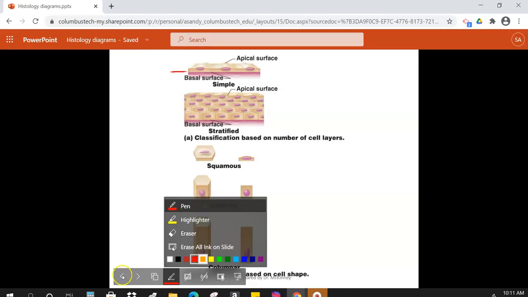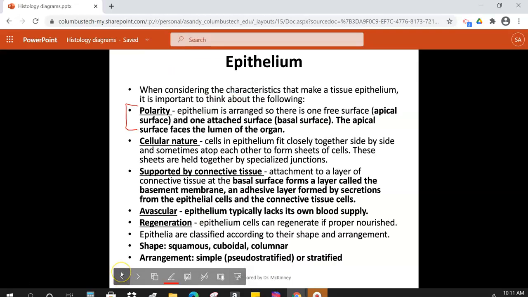Like with the stomach, it has a lining of epithelial tissue, and the apical surface is going to face the lumen, or the center, the hollow part of the organ, whereas the basal surface will be attached to an underlying membrane. We also see it with the skin.